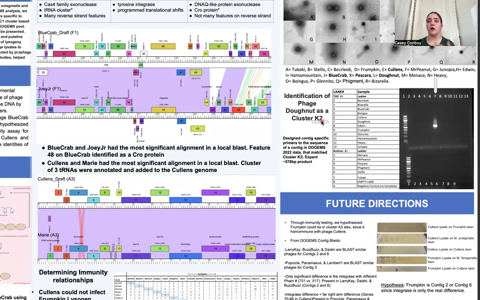We ran a PCR with all the phage lysates with the K2 specific primer. And what we found was that only one phage from our class, seen in our gel right here to the right of my screen, yielded the 578 base pair band that we expected to see in lane 7. And this was phage Donut. So using Dodgems, we were able to identify another phage and their cluster.